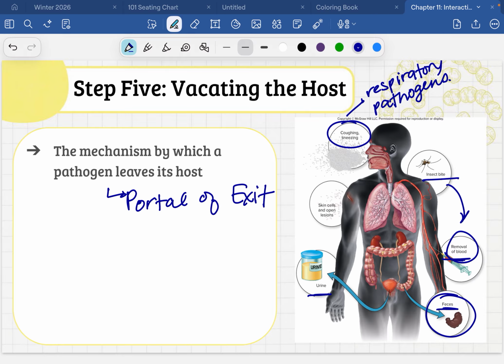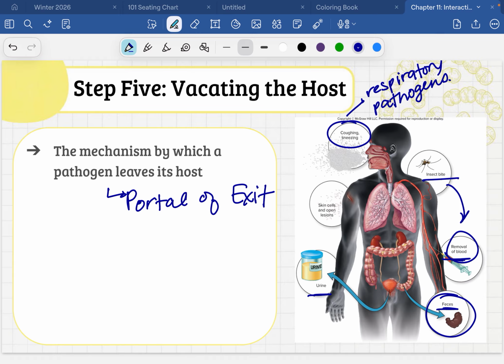So like I said before, you don't have to memorize any of these specific ones right now. We're going to talk a lot about different portals of exit when we get to particular illnesses. And it is something that you'll have to know about a lot of those.